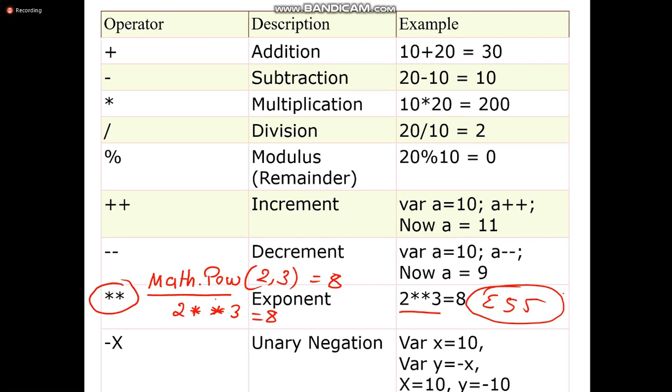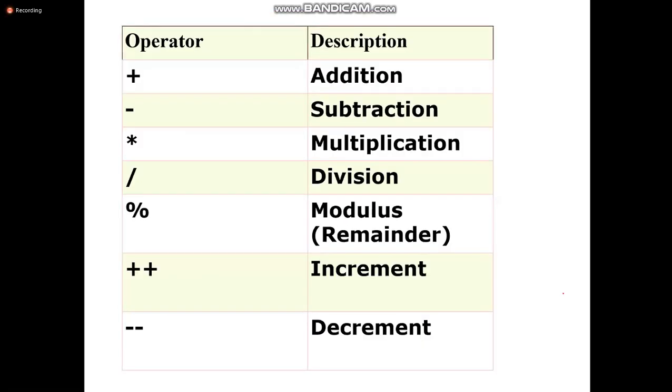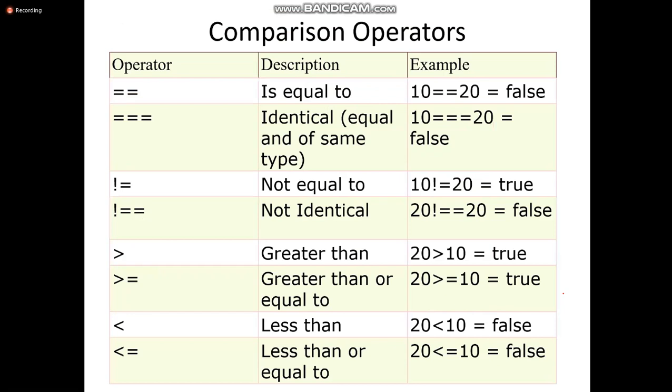So these are all arithmetic operators. Another important group is comparison operators, and I hope you already know them. So you know the difference between double equal and triple equal. What is double equal and triple equal? In JavaScript, you generally come across triple equal.